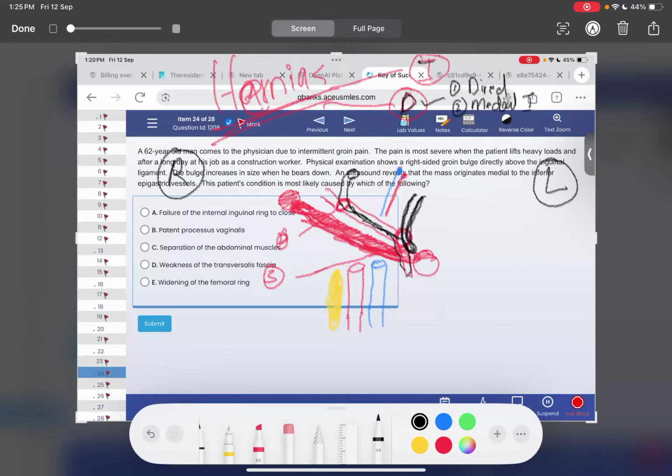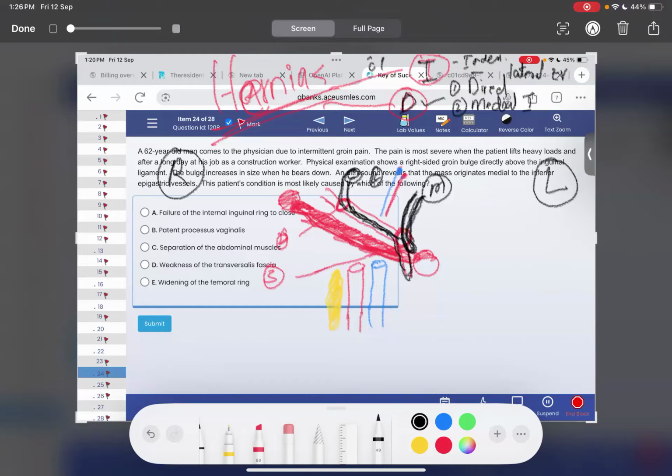So this is indirect. It is not going directly. It goes from the deep inguinal ring, then the superficial inguinal ring, and it is lateral to the epigastric vessels.